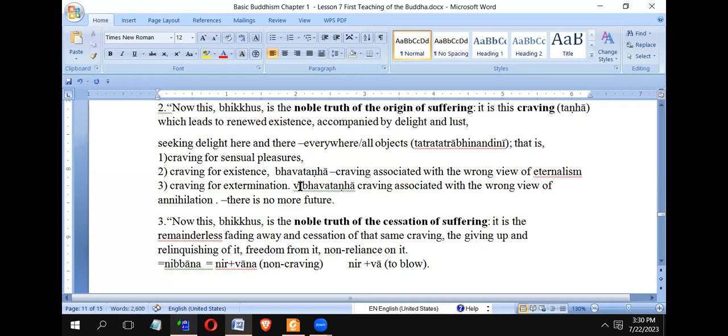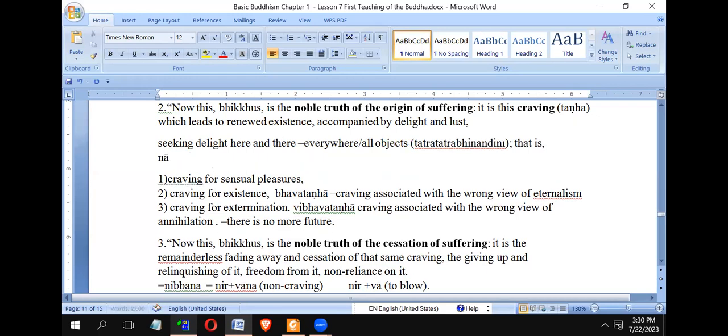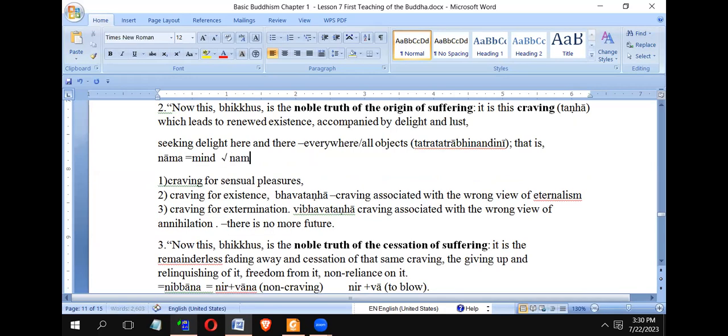That's why the word nama means the mind, but the root is nam. Nam is to bend, because the mind bends to any object it desires. So the mind seeks delight everywhere in all the objects, in every way. That's why we say here and there. It means that it's very general.